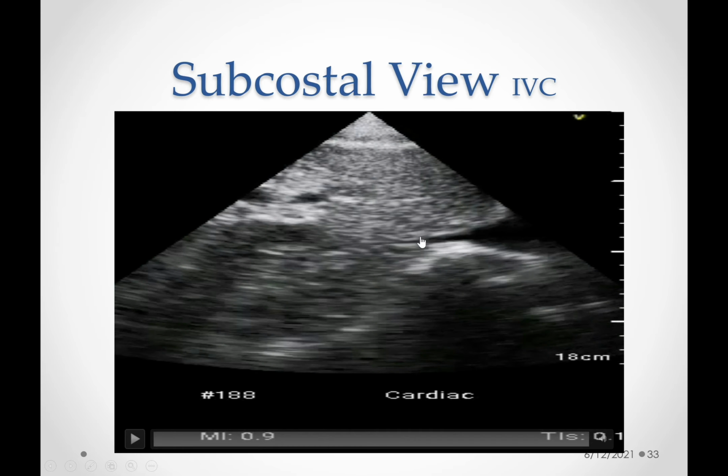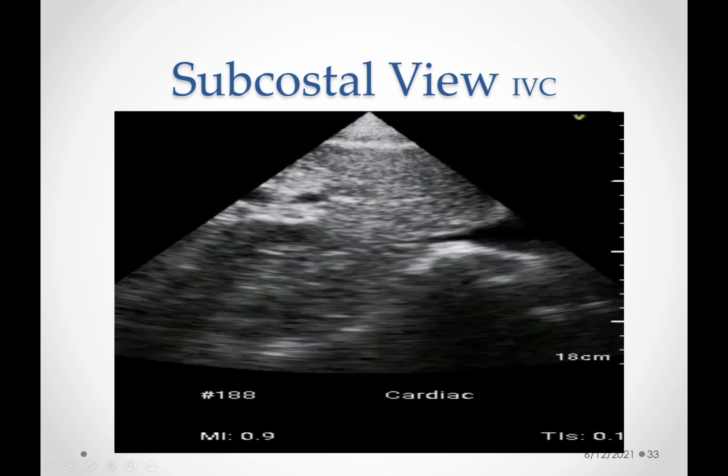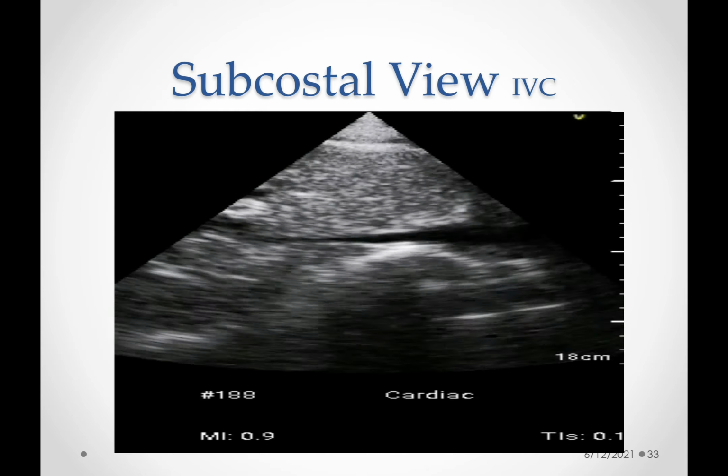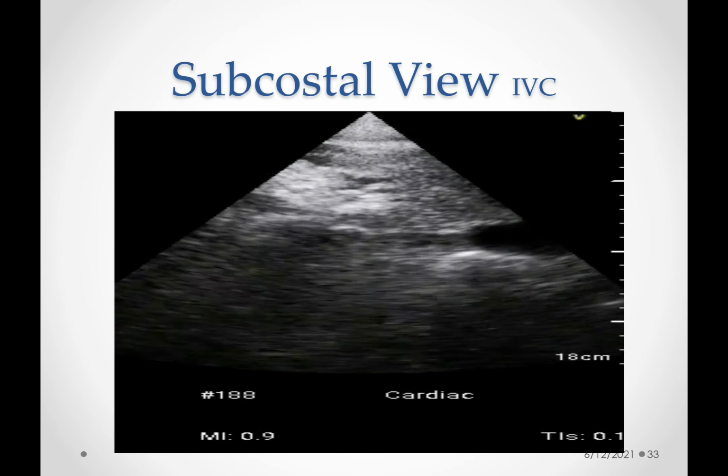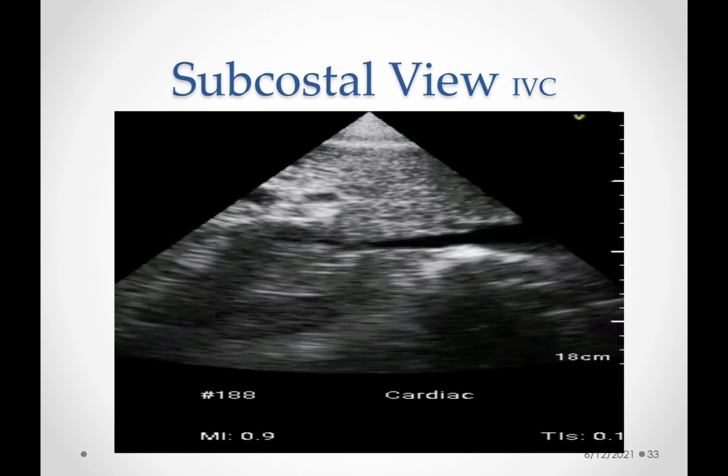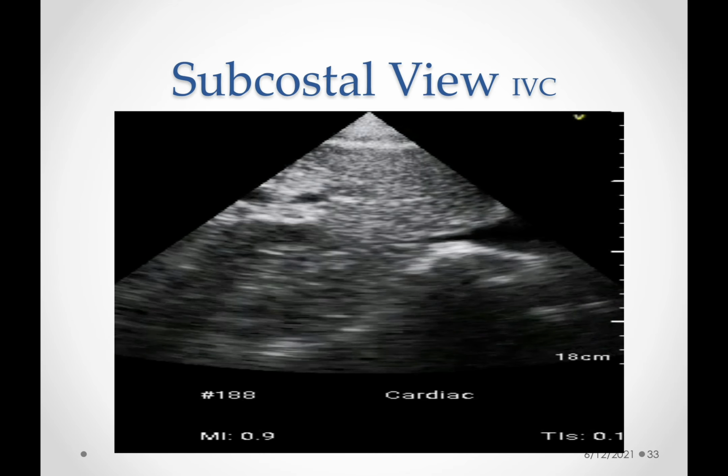You can always use this view to assess the intravascular status and whether the patient is intravascularly depleted or overloaded. And of course, clinical correlation is crucial, and you can't use ultrasound or echo alone to determine this condition.